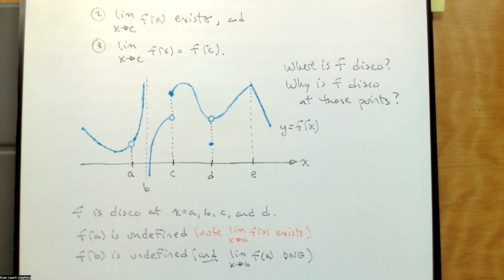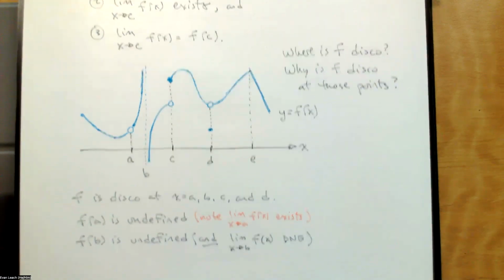Part C, at C, f of x is discontinuous at C. Sentences are difficult today. I'm not sure why. Why is f discontinuous at C? Is the function defined at C? Yes, there's that filled in circle in that upper branch of the graph.